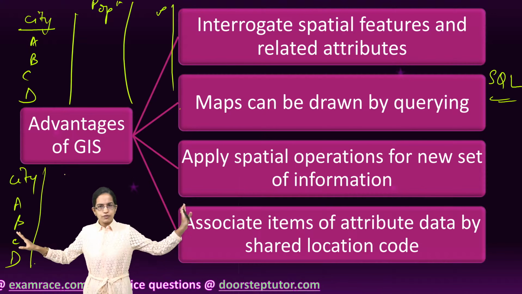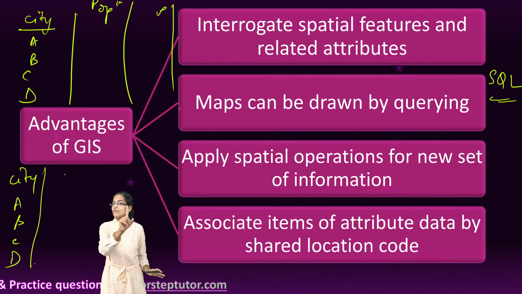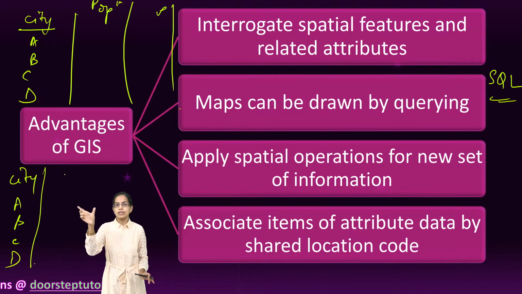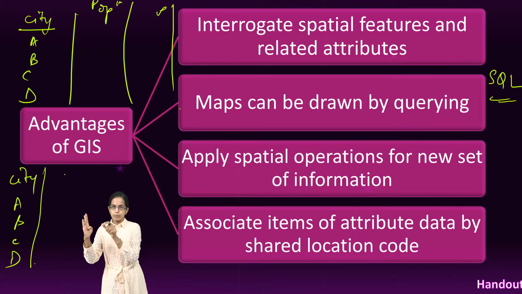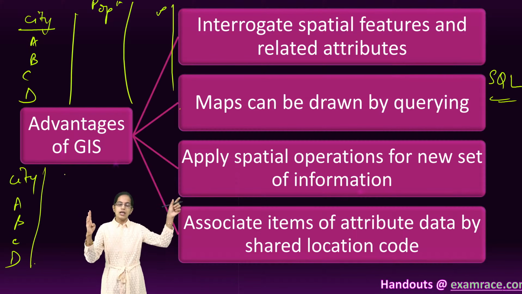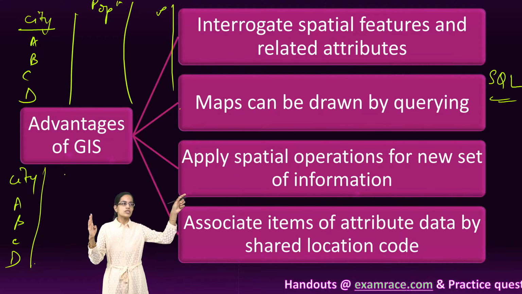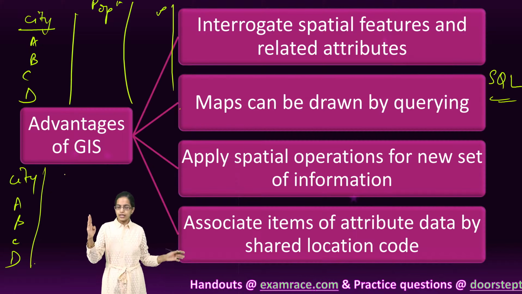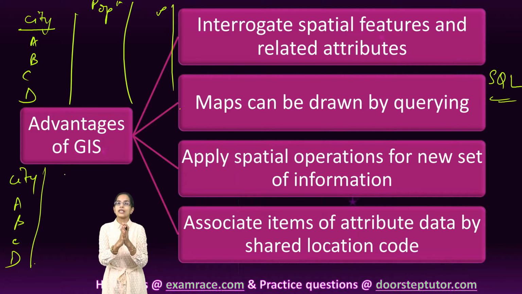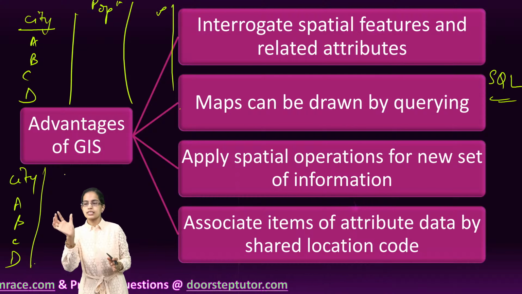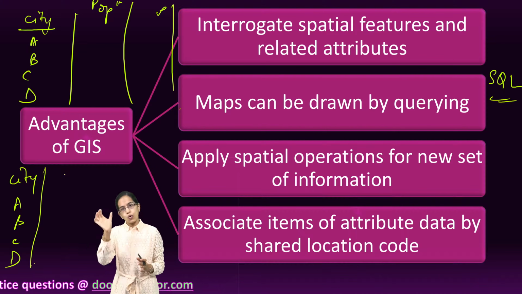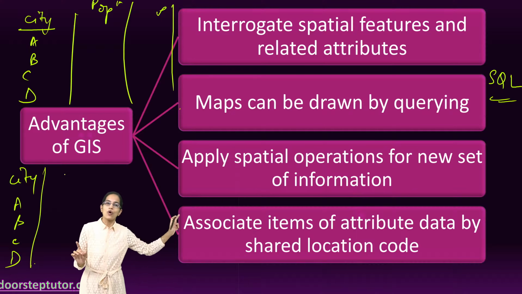So I have two different tables now, but one variable is common. What is the common variable? The city ABC. Now with each city, I can have the population data which was in the first table, and in the second table, let's say it was the percentage of households electrified. Now I can combine those two Excel sheets. So what we technically do in GIS is we have one code that is common across all Excel sheets.